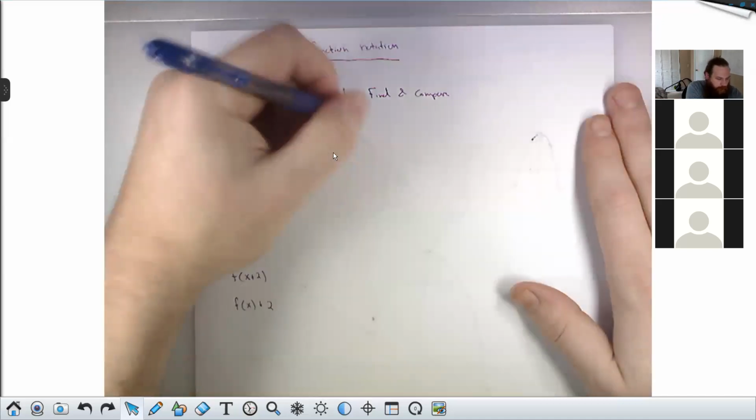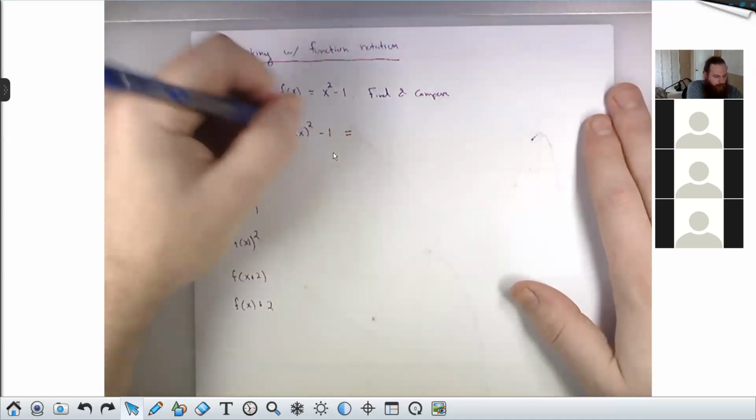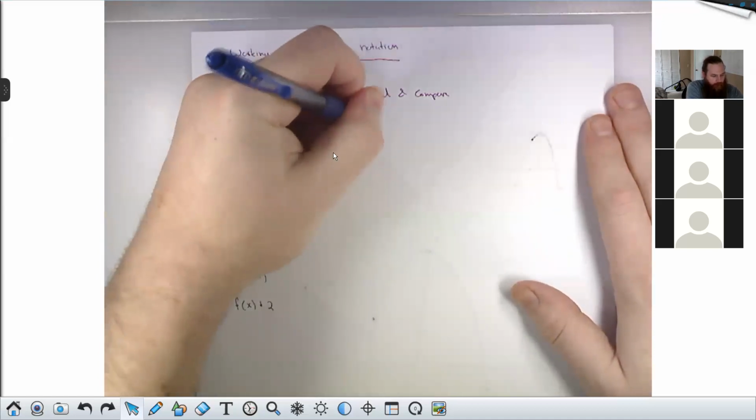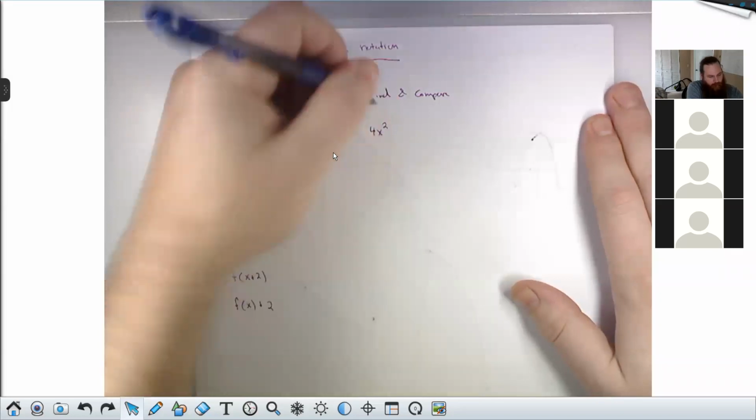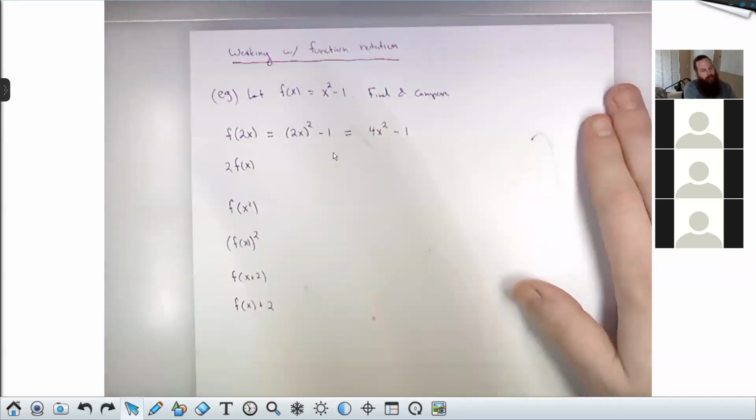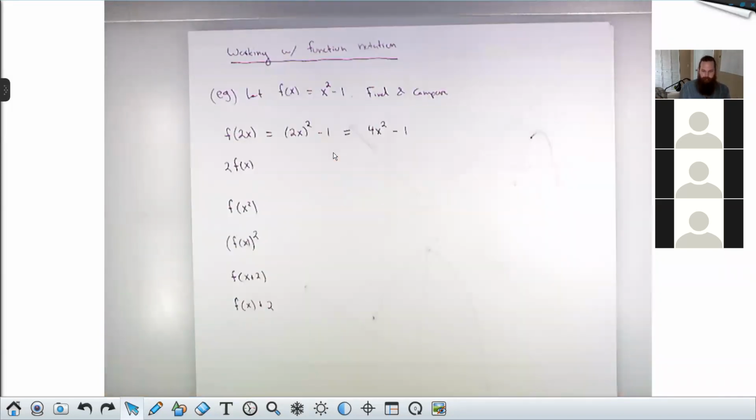And we can work with that a little bit. 2x all squared is 2x times 2x, which is 4x squared. And then the minus 1 is the minus 1. Any questions about that first line? How we get f of 2x to 4x squared minus 1?